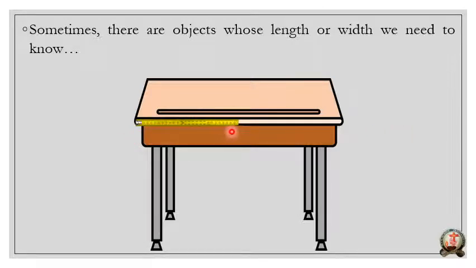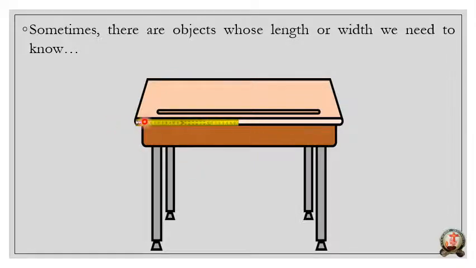So she will measure half of the distance of this bench or this desk. For example, if this desk is 60 centimeters, what is half of 60 centimeters? 30 centimeters is half of this desk.